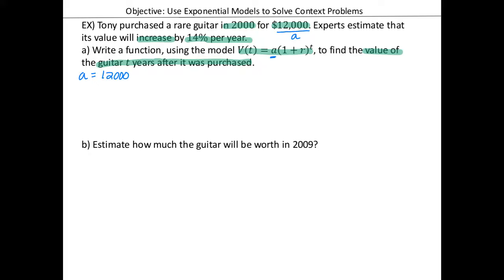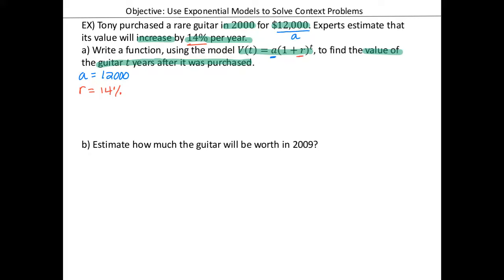And then I need to know what's the R. So my R is the rate as a percent. So in this case it's the 14%. So my R is 14%. But I need to have the percent as a decimal.